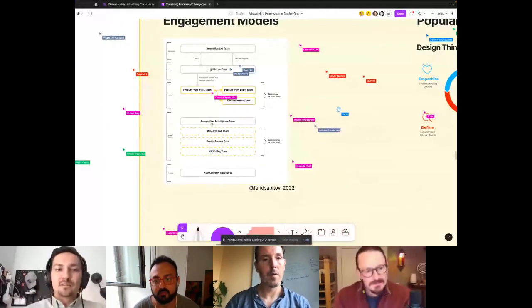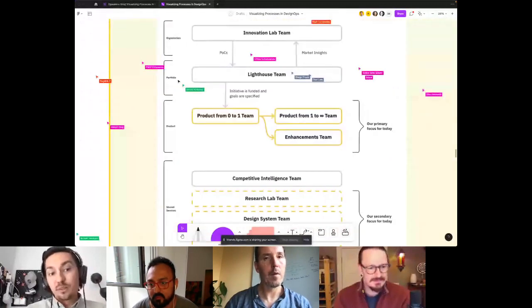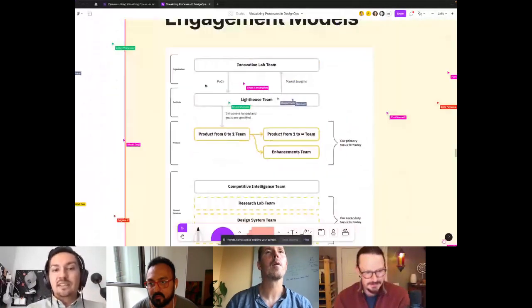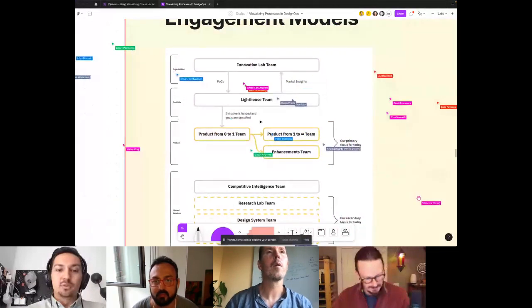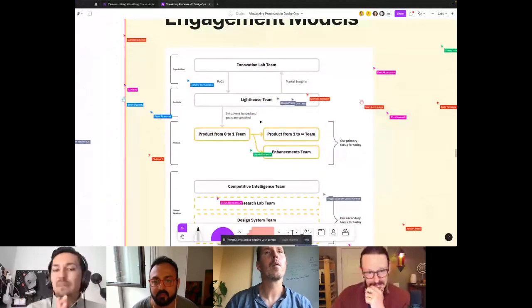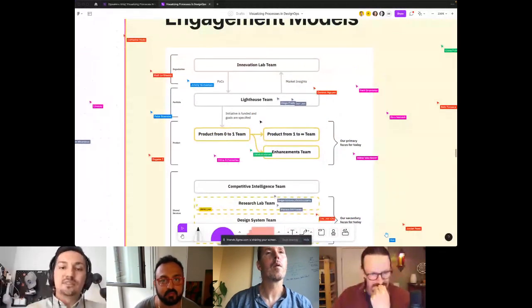Here we have a couple of different group levels, like organizational level, portfolio level, product level, shared services, and practices. And here you might see that there are some engagement models that people could think about, like, oh, I'm a part of a product from 0 to 1 team. That's why we could go deeper and start solidifying these processes.